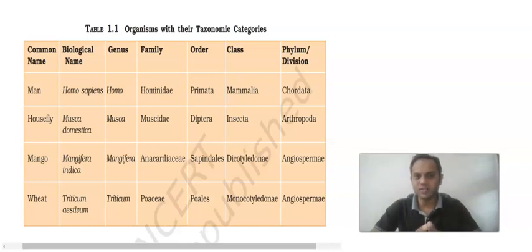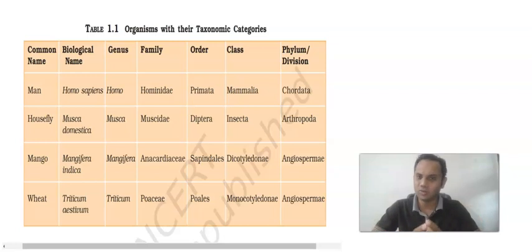and we have also seen that as we go from the lower side to the upper side, or in the ascending order, the similarities decrease and the differences increase. If we see a species or a genus containing a number of species, they have more characters in common than a class which contains different orders, which have fewer characters in common.